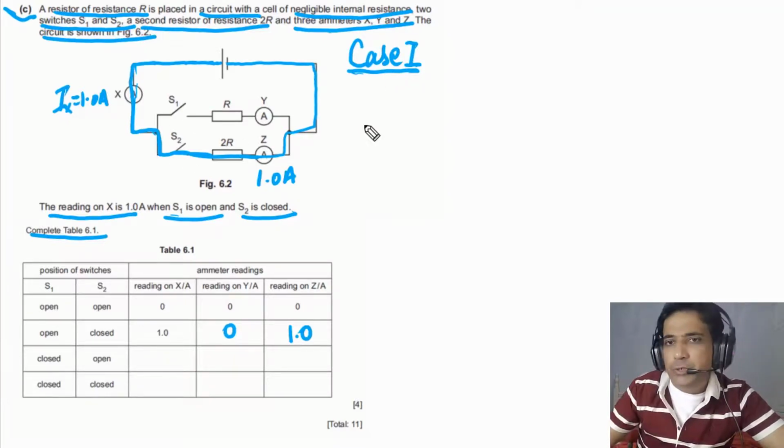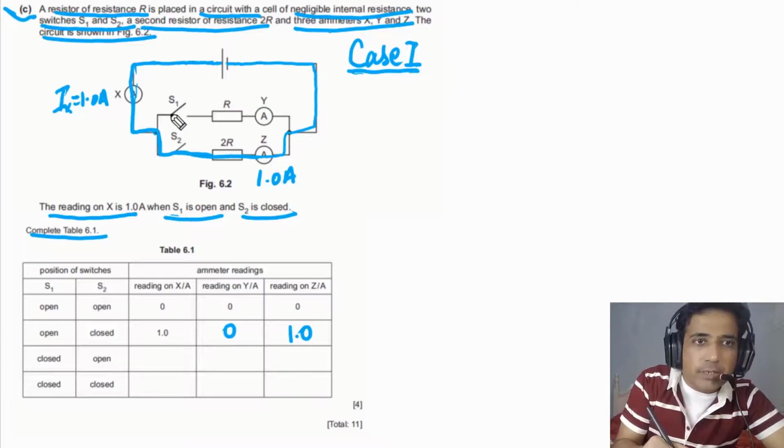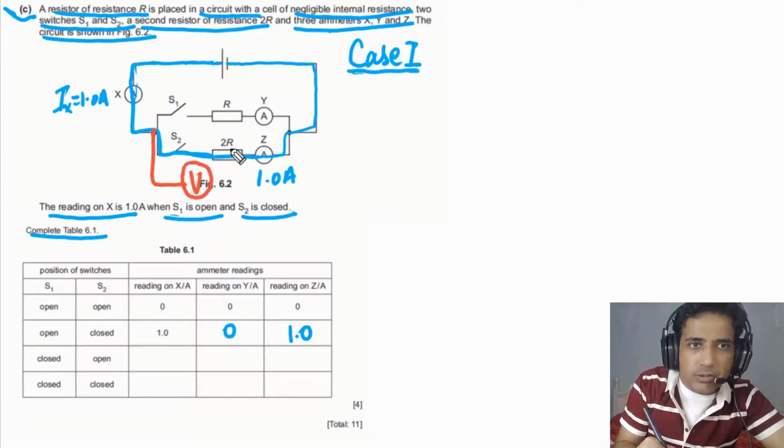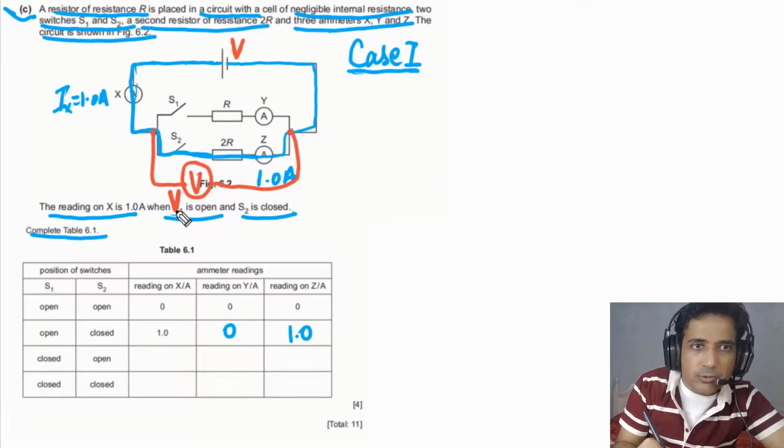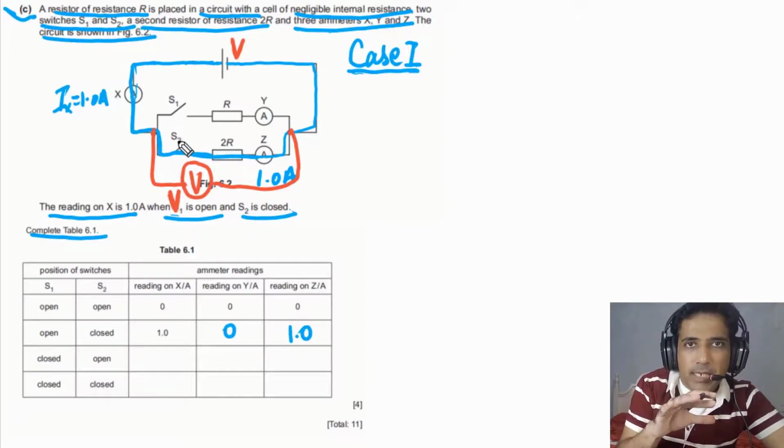One thing more we need to understand about this case. If we connect our voltmeter between these 2 points, the reading on this voltmeter has to be equal to the potential difference across the terminals of this power supply. We can say the potential difference across the terminals of this power supply is equal to V. So the reading on this voltmeter also has to be equal to V because the switch is an ideal switch, means there is no voltage loss, and this ammeter also is an ideal ammeter, means its resistance is negligible, so there is no voltage drop across this ammeter.